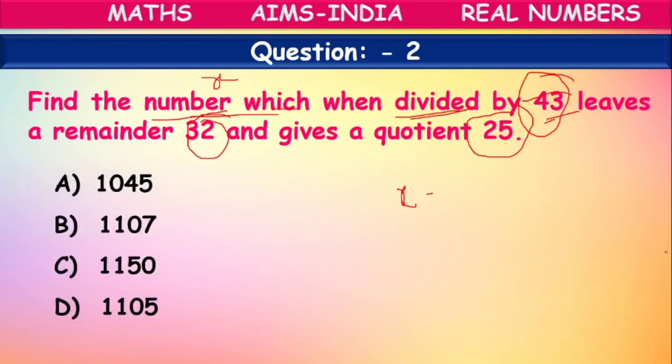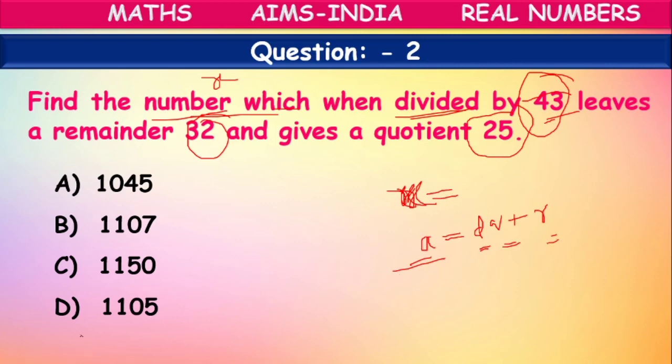Let's see the options here, A, B, C, D. According to the division rule, dividend equals divisor into quotient plus remainder.